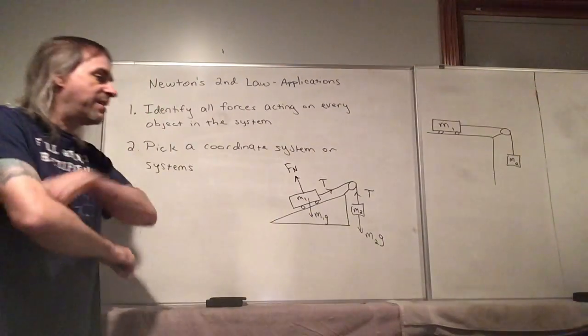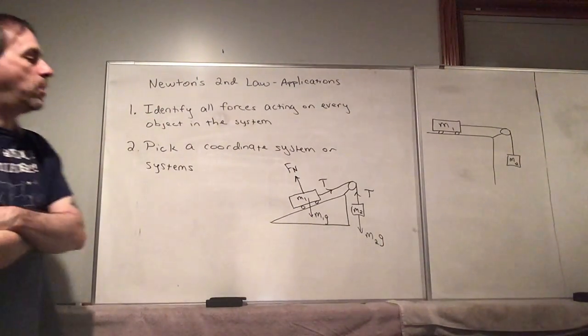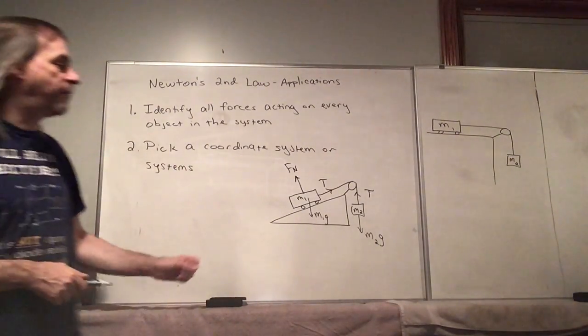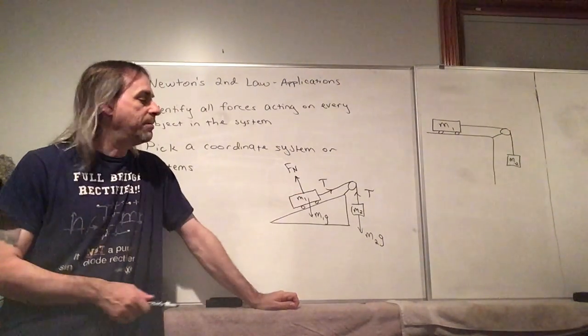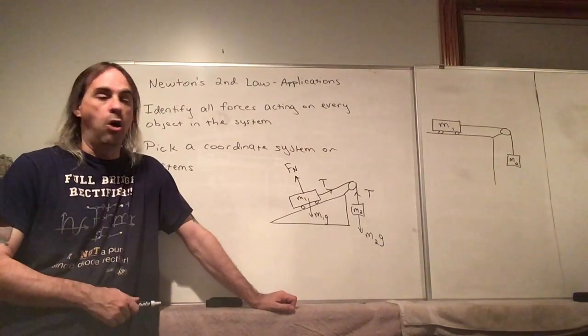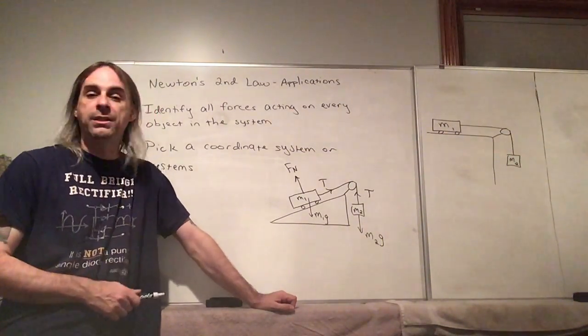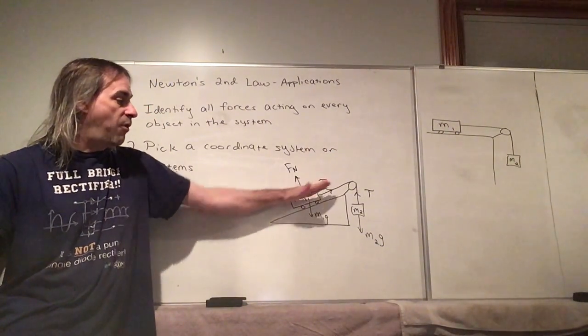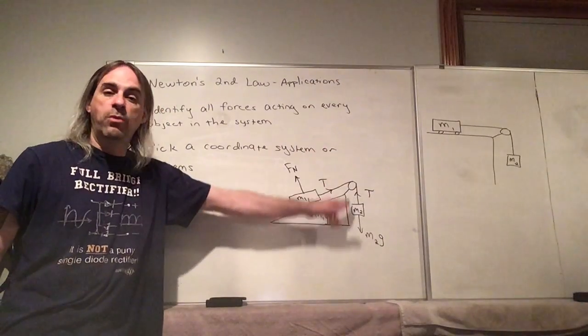The reason I said that this problem isn't quite as easy as it might look at first, just identifying the forces, is we have friction. But at this point, we don't actually know where friction is going to go. What direction is it? Because if M1 is massive, it's going to fall down the incline and pick up mass 2 with it.